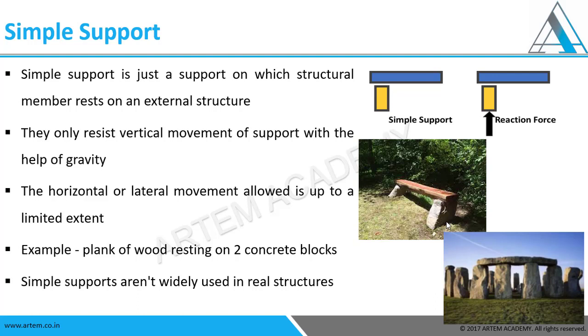But observe one thing: simply supported is not widely used in real structures, and we also cannot simulate this in analysis because it is an under-constrained model. That means we constrain only vertically at both locations, so it allows translations and rotations in all other directions, which makes the model under-constrained.